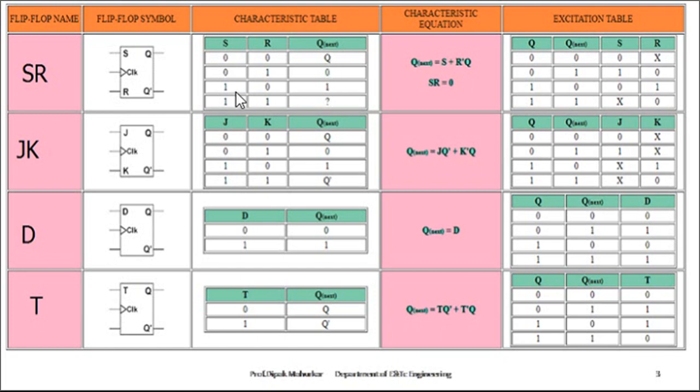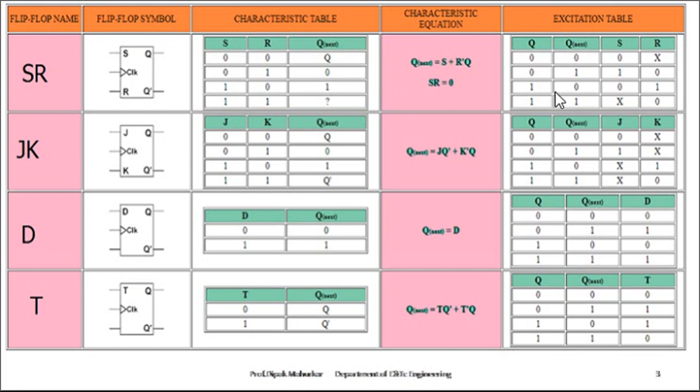S is a don't care condition and R is 0. When S and R are both equal to 1, it is the don't care condition. When Q is 1, Qn plus 1 is again 1. These two cases are the last rows.